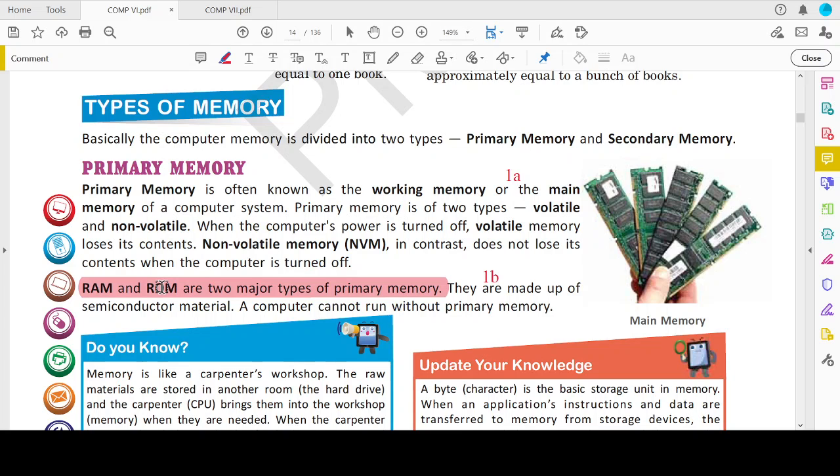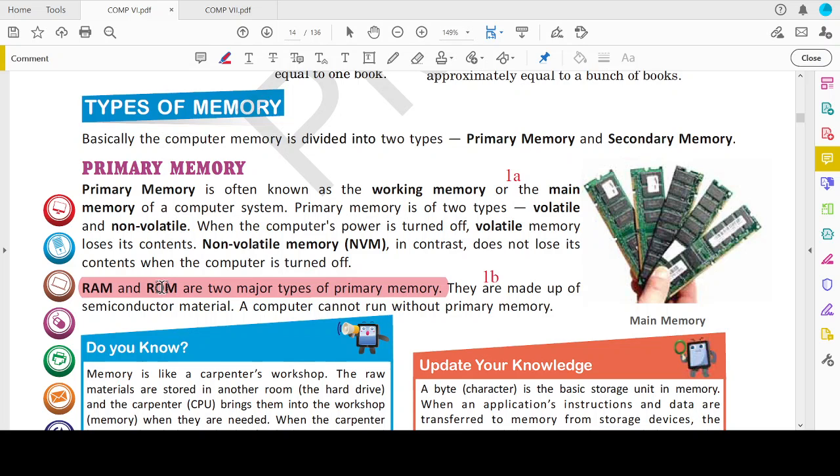So, the requirement of primary memory, you understand, is connected with the requirement of the processor. As there is a processor, as there is a CPU within each and every computer, it needs the primary memory to get the instructions from it. Otherwise, who will carry the instructions or the data on the system?